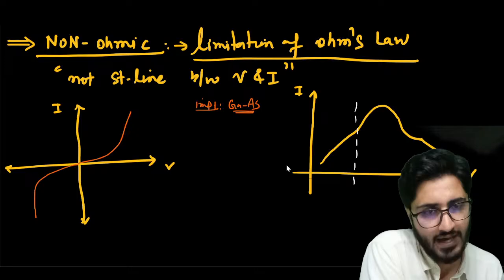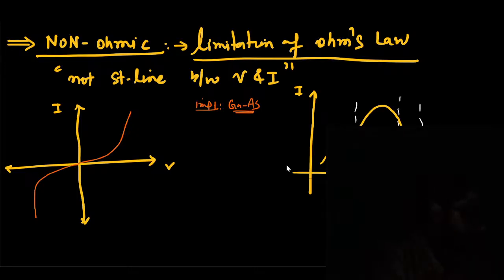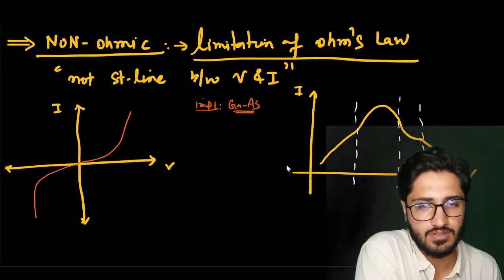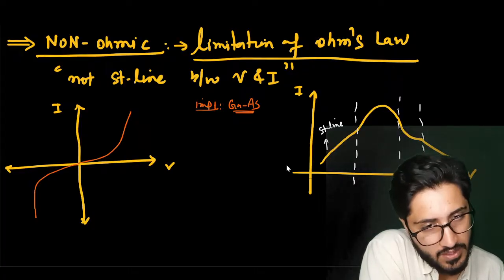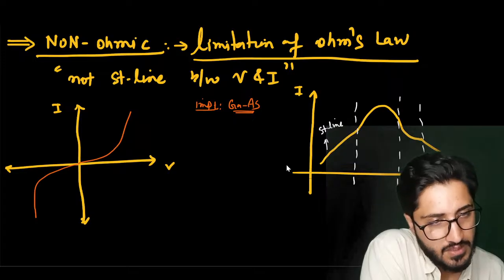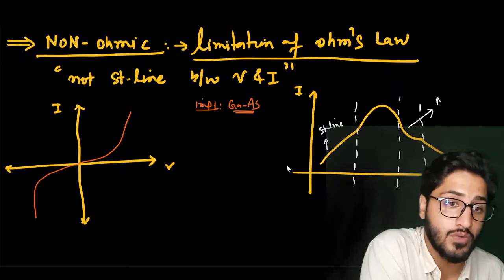In gallium arsenide, we have four sort of regions. Look, this region is a straight line. This one is curved. This particular region has a negative slope.